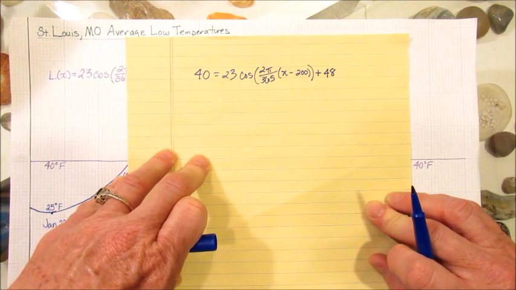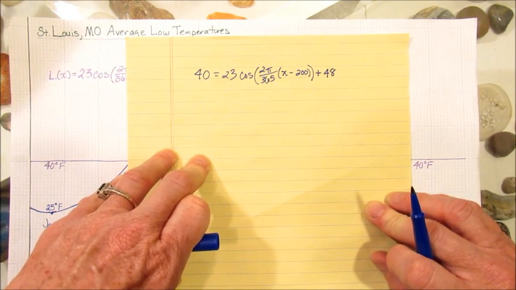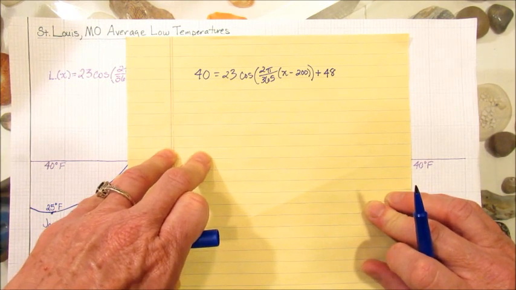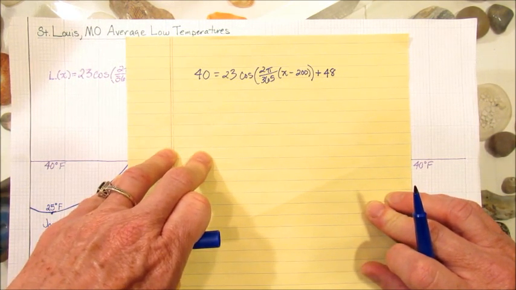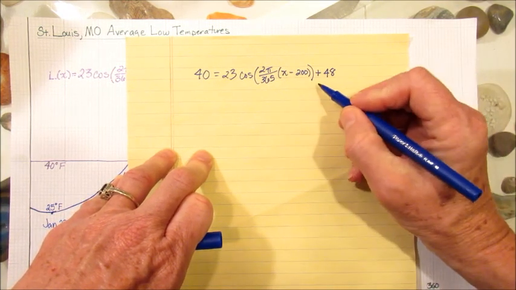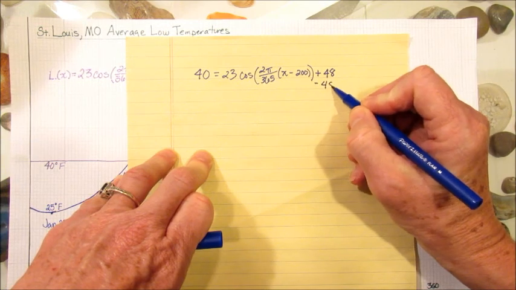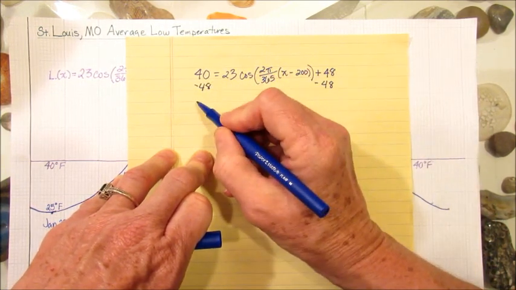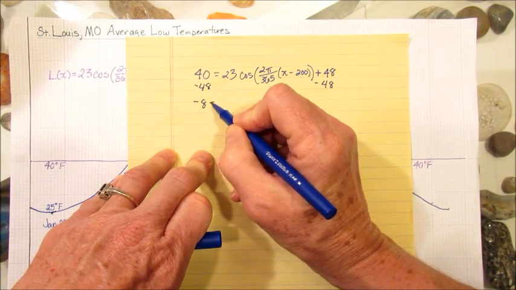Solving any equation means you're unwrapping all of the operations to get to your variable. So start from the outside and work through the order of operations in reverse. I'm first going to get rid of adding the 48 by subtracting 48. And so 40 minus 48 is negative 8.